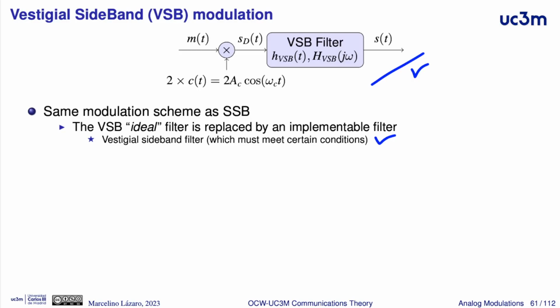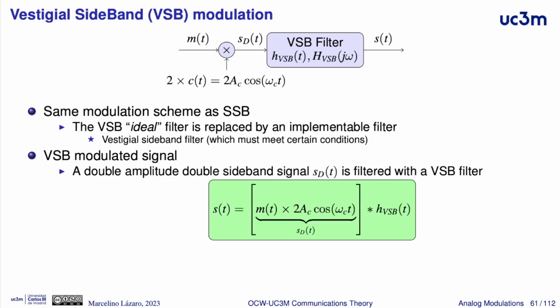To do this, first we will obtain the analytical expression of the modulated signal here at the output of the transmitter. Basically, what we have is the convolution of the double sideband modulation with double amplitude, the modulating signal times a carrier with double amplitude, and the convolution is with the impulse response of this vestigial sideband filter.